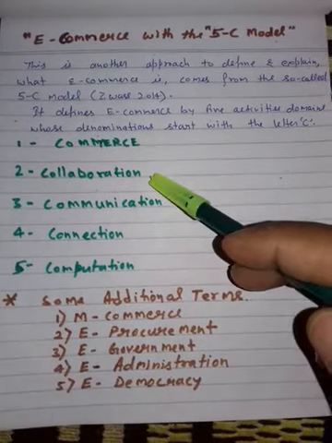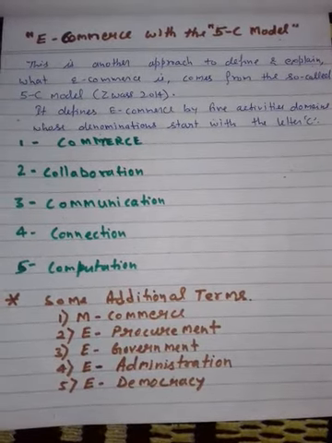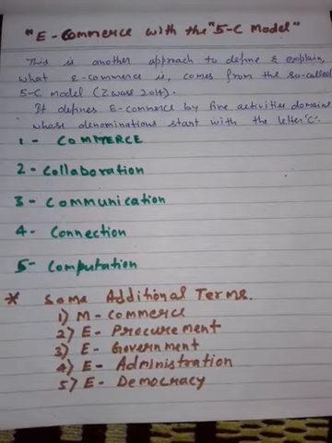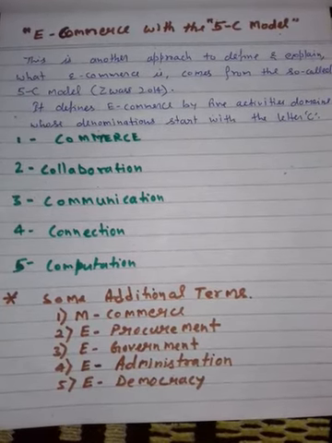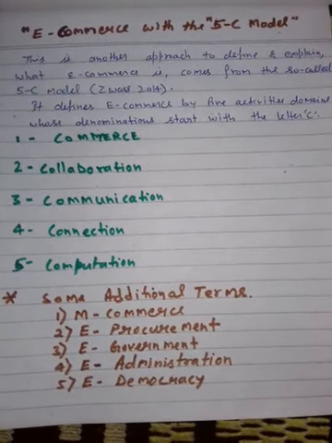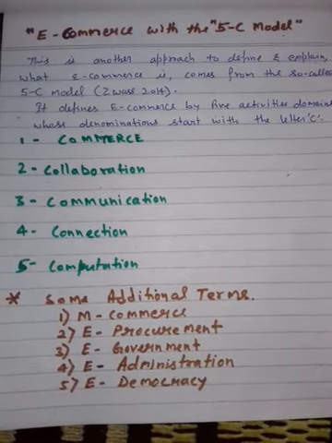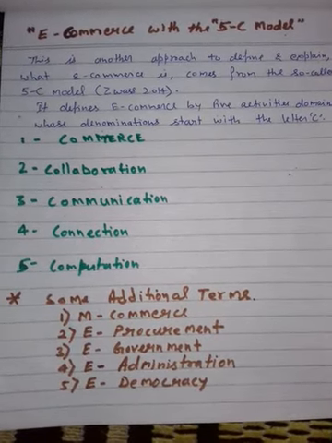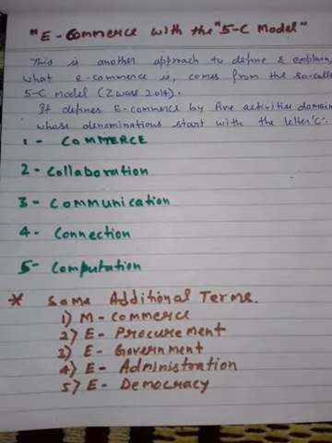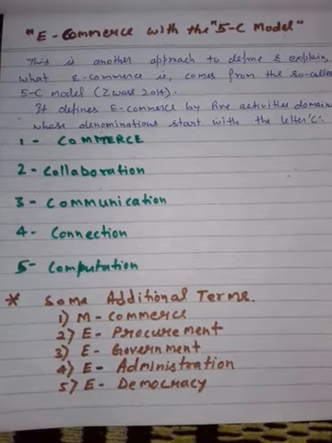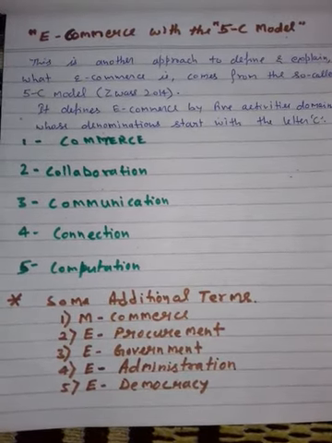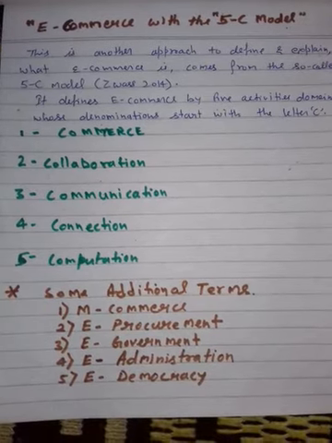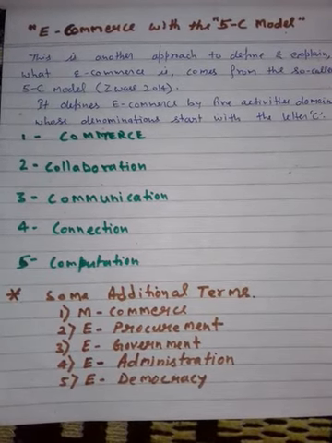Collaboration: the web is a vast nexus, or network or relationship, among firms and individuals. When we talk about collaboration, it means there is a network and a relationship among the firms and individuals to conduct business activities.